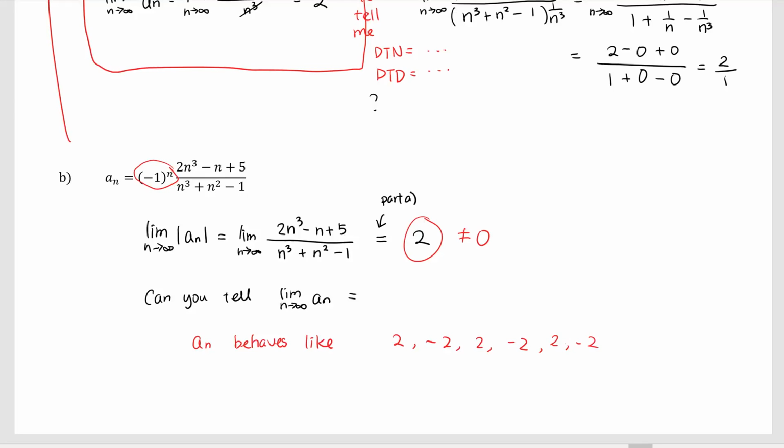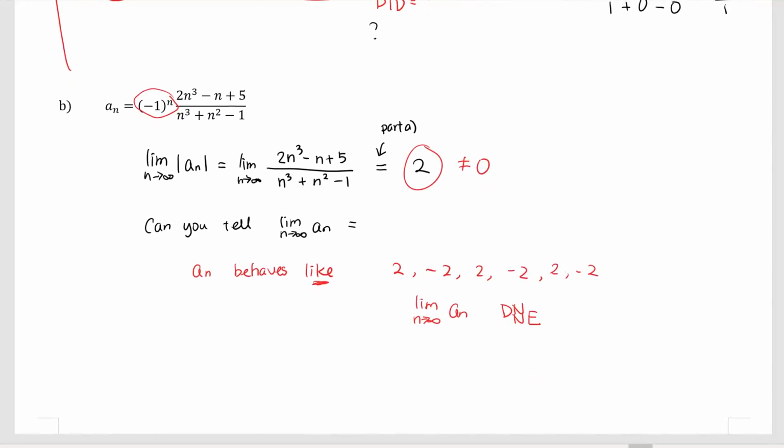Okay, it's not exactly like that, it behaves like that. So when n goes to infinity, you can see this guy is oscillating between two numbers. So the limit as n goes to infinity of a sub n does not exist. So if the limit does not exist, what do we say?